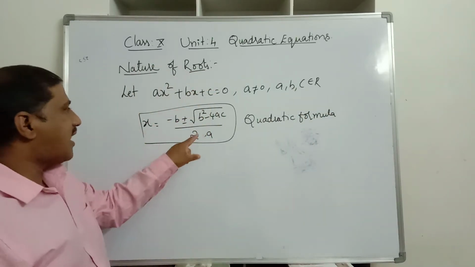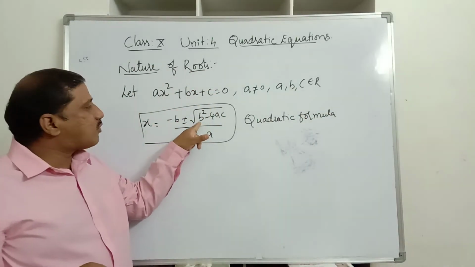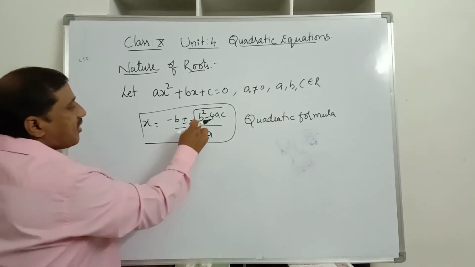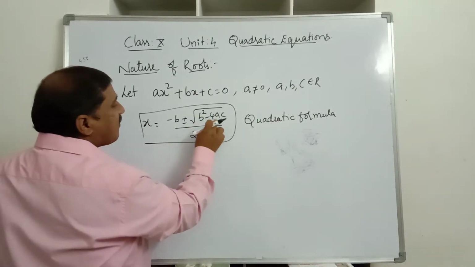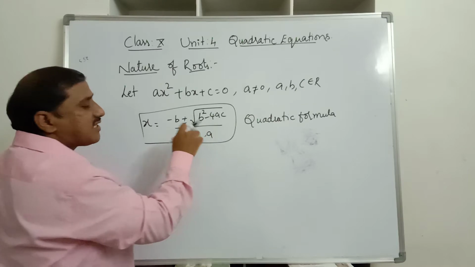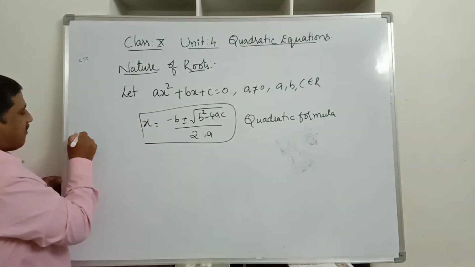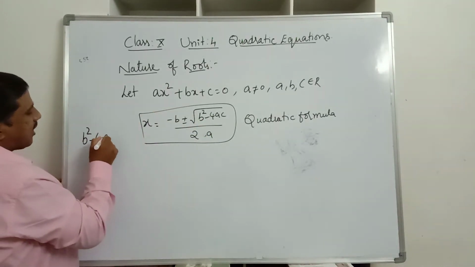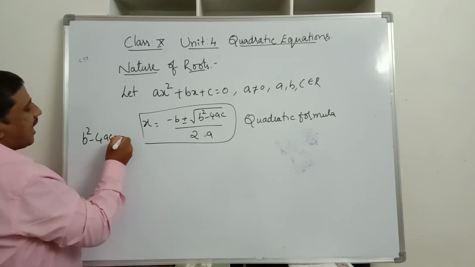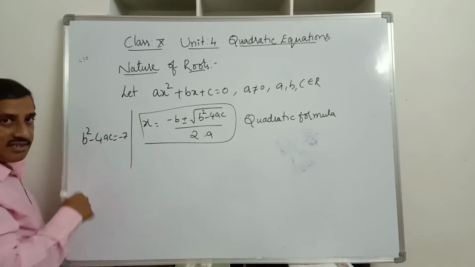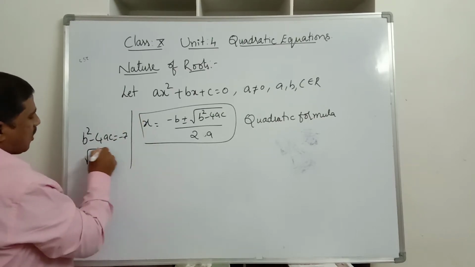Now in the quadratic formula we have the value b square minus 4ac. If this value is negative, then what do we get? If b square minus 4ac is a negative value, say minus 7, that is less than 0, then we get square root of minus 7.